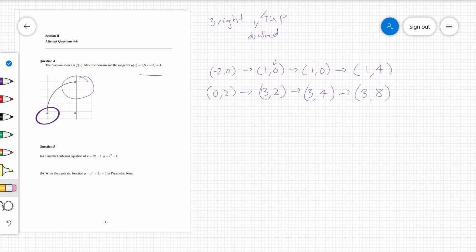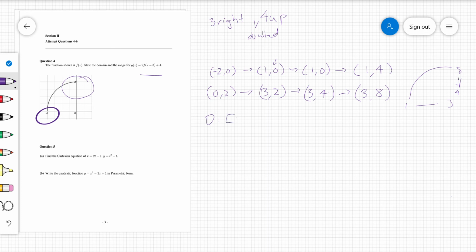All right, now if I do that, you can see those 2 points are still moving in exactly the same way, so I've still got this quarter of a circle happening. So you can see the x values go from 1 all the way up to 3, and the y values go from 4 up to 8. So if I were to write my domain, it would be between 1 and 3.